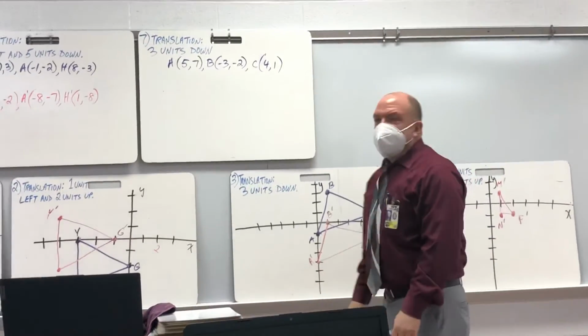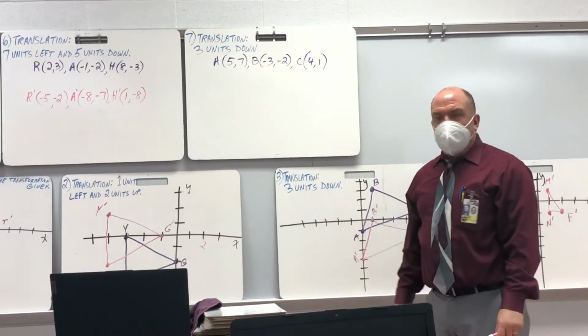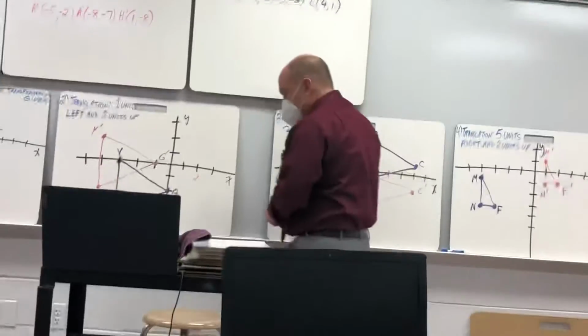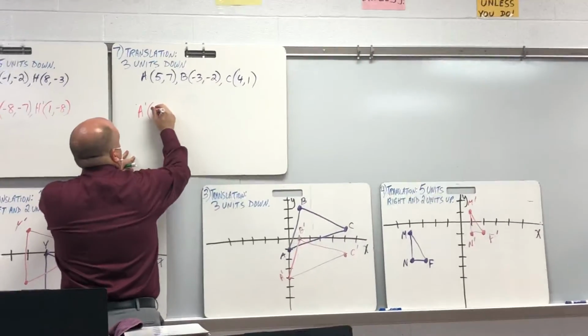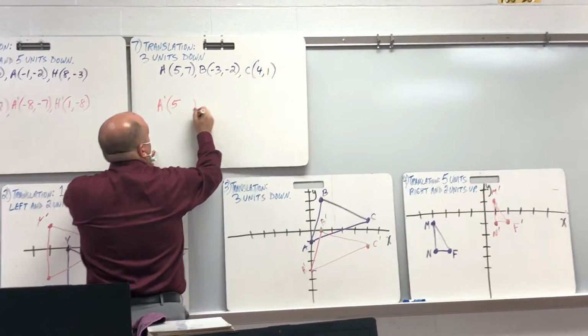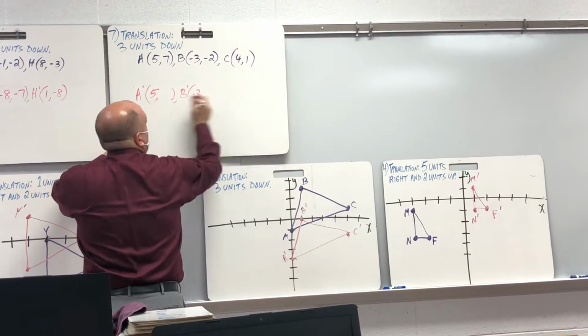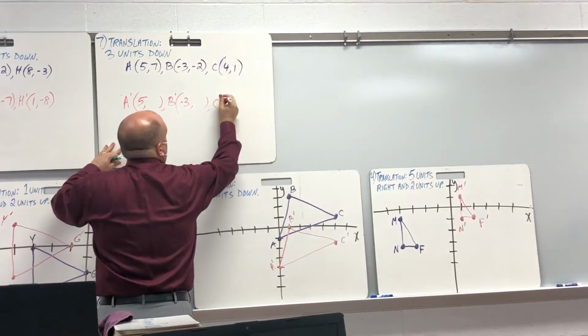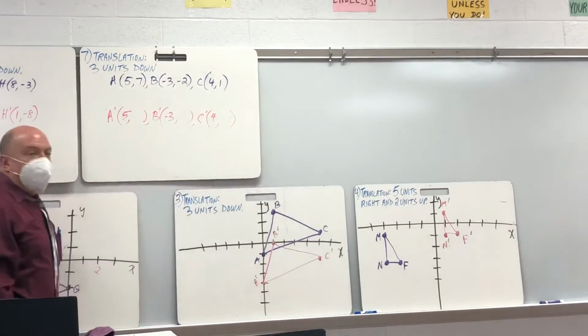Three units down, just down. There's no left or right, which means, would you agree, A prime is going to have 5, B prime is going to have -3, and C prime is going to have 4. Right?